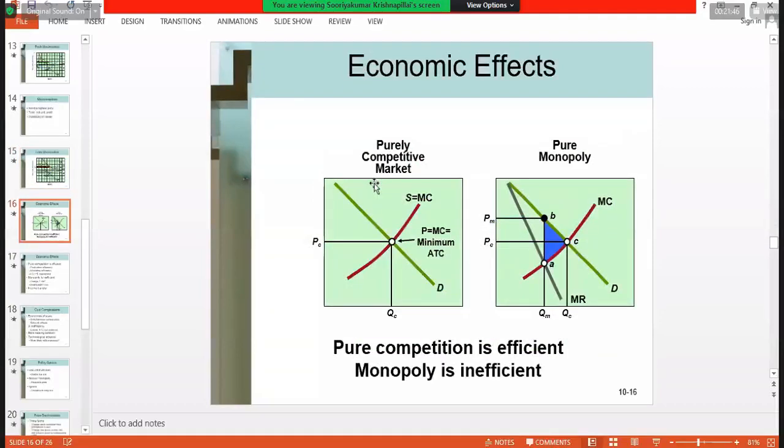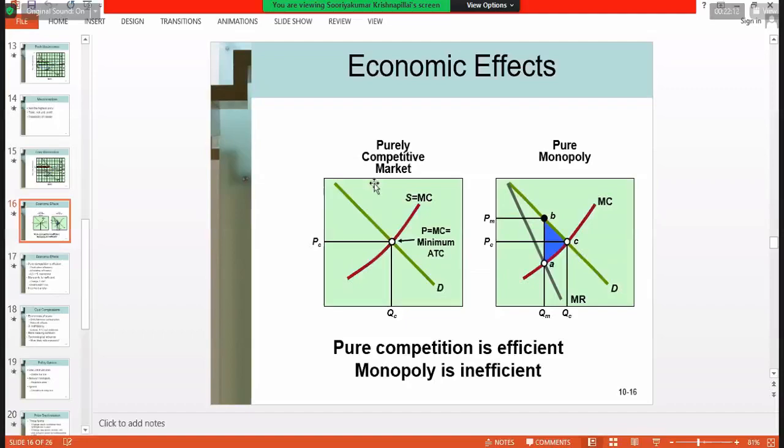Now we will see the economic effects of monopoly, whether the monopoly market is efficient or not. If we compare the pure competitive market and the pure monopoly market, we already studied the pure competitive market.